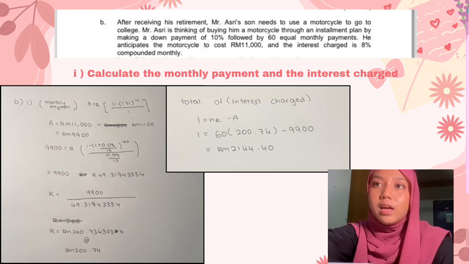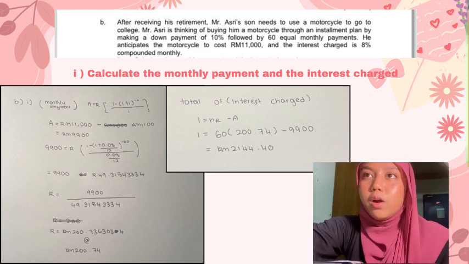So 9,900 equals R times 49.31843334. R equals 9,900 divided by 49.31843334. So the final answer is 200 ringgit and 74 cents.